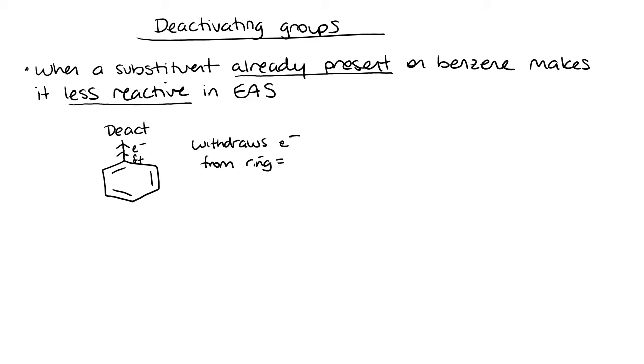and creates a slightly positive charge, the slightly positive charge is going to clash with any sort of additional positive charge that's going to form from the arenium ion. So this clashing of positive charges actually destabilizes the developing arenium ion.